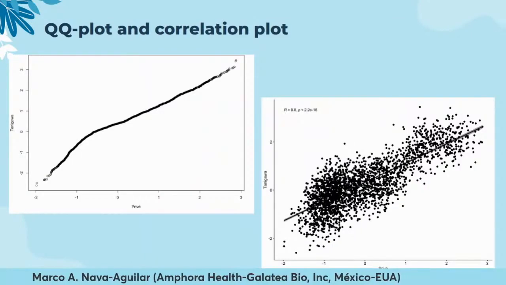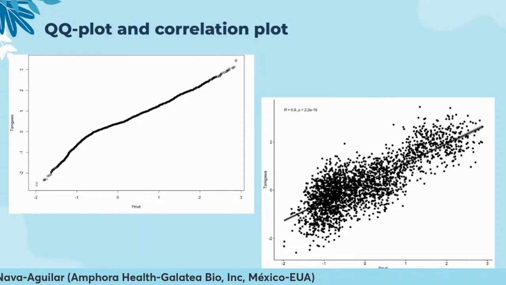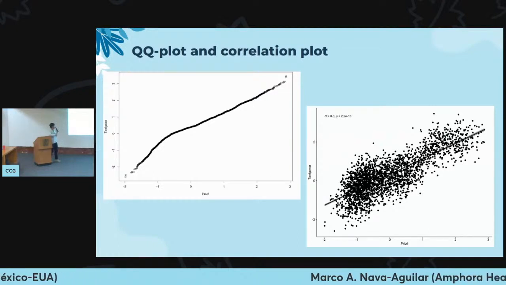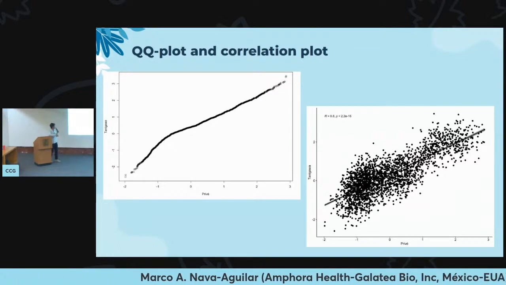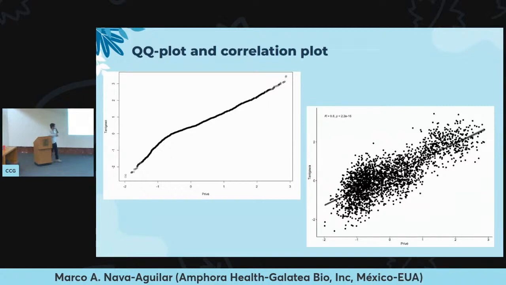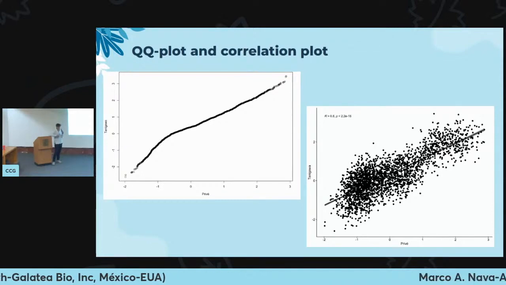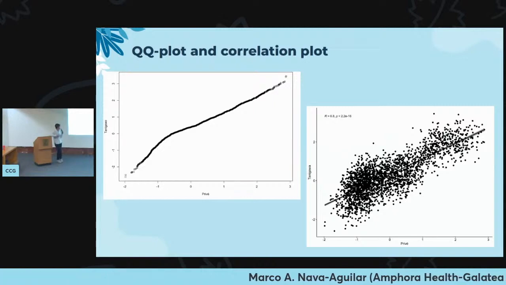And after that, we choose 2 models, Tanigawa and Privé, and perform some statistics. This is a correlation plot. No, this is a QQ plot. This is a correlation plot. We see that this is the ideal behavior that must be between some models, and this is between this QQ plot.